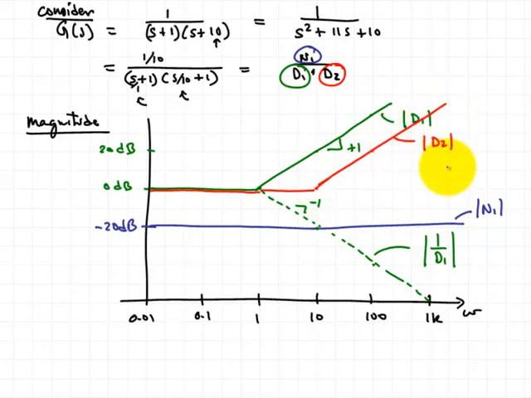Magnitude of D2. And we can do the same thing for the 1 over D2 term. Right? Oops, this is a slope of minus 1.